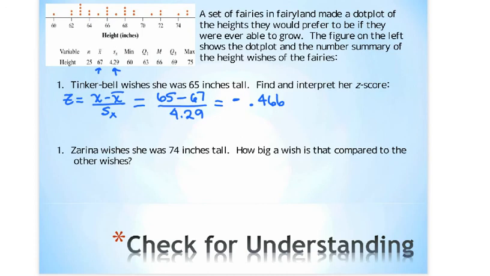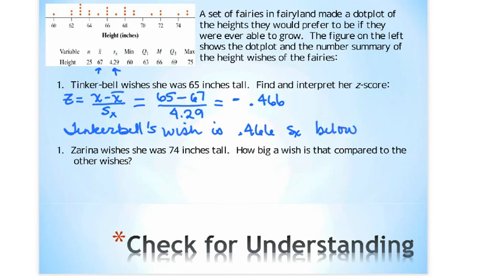So what does this mean? This means that Tinkerbell's wish is 0.466 standard deviations below the mean. Mean wishes, mean fairy wishes. I don't know. That's a weird thing. What was I thinking about when I wrote this question?